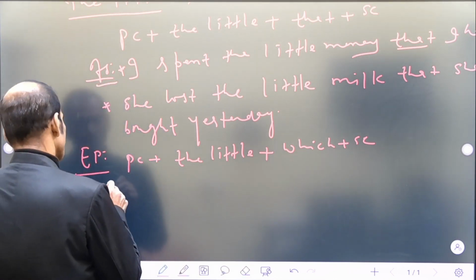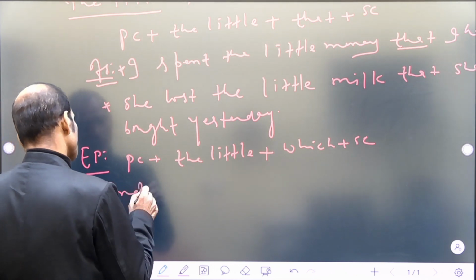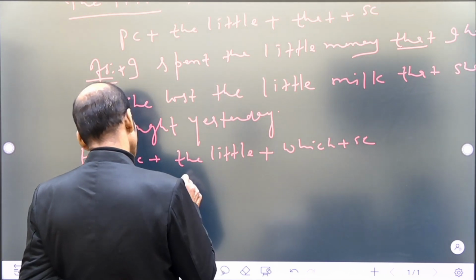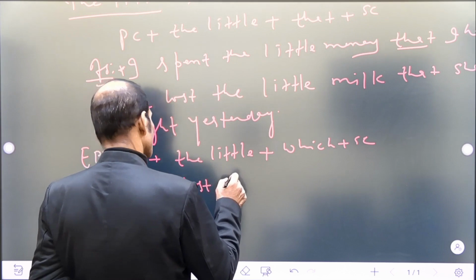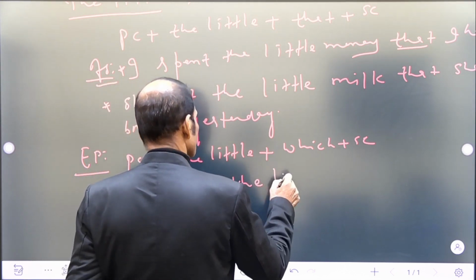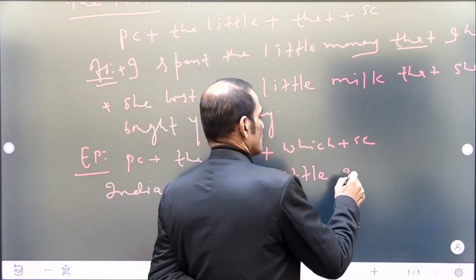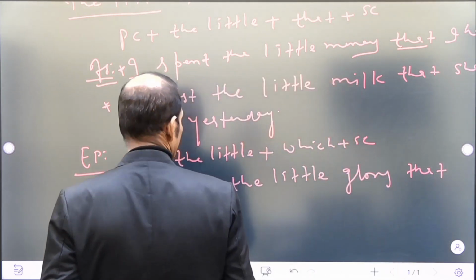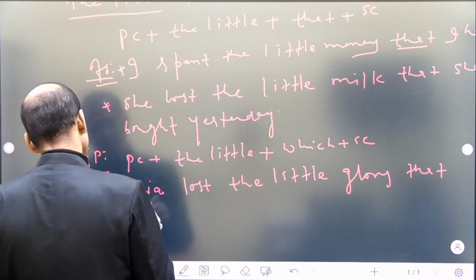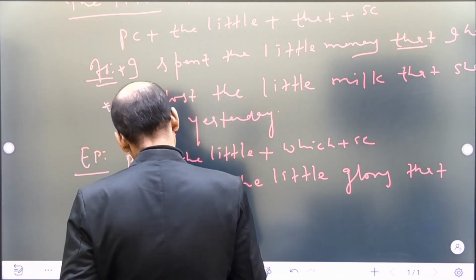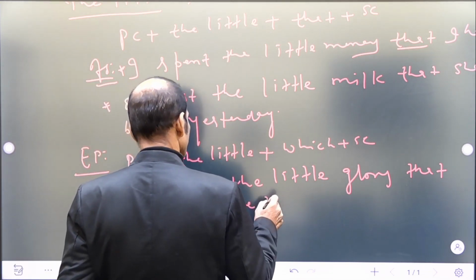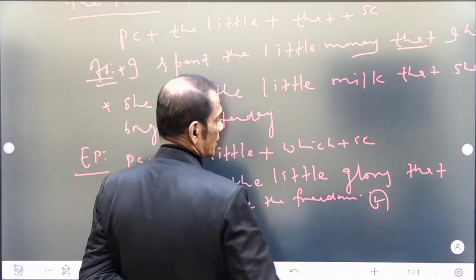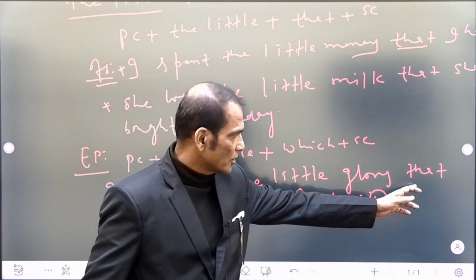So let's see. India lost the little glory that it had before the freedom. Here this one sentence is correct because your subordinate clause has been started with that.